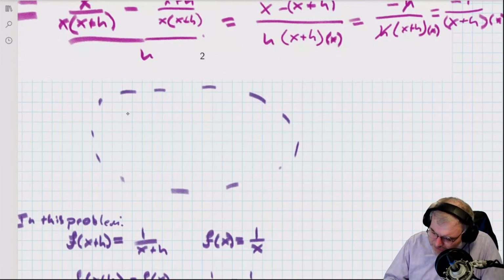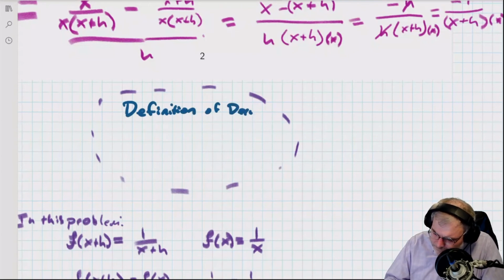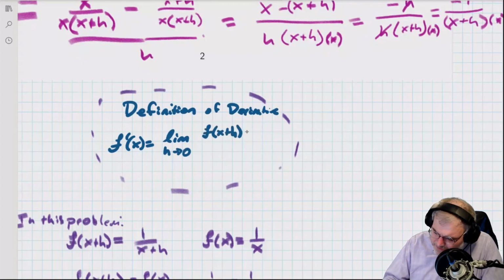This is the definition of the derivative: f prime of x equals the limit as h goes to 0 of f of x plus h minus f of x all over h. And this right here is the whole point of Module 1.